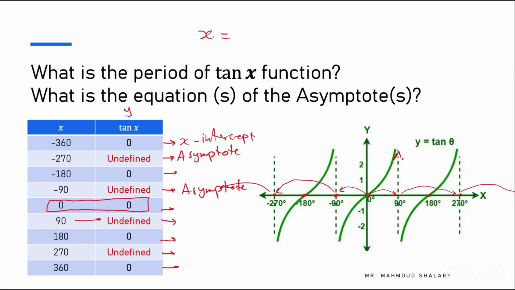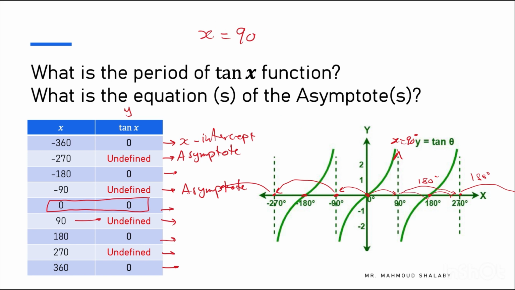So for example, this line here is x equals 90 degrees, or x equals 90. I will start from 90, then the repetition will happen every 180. We start from 90 as the first asymptote, then the repetition happens every 180 degrees. It means leave one square, then leave 2. This is how it works.